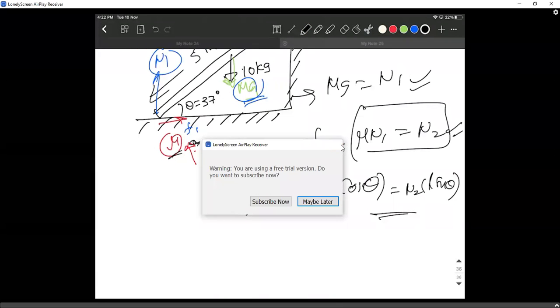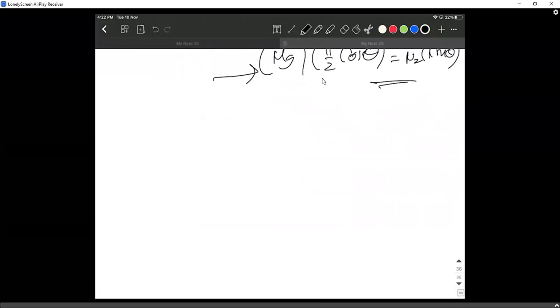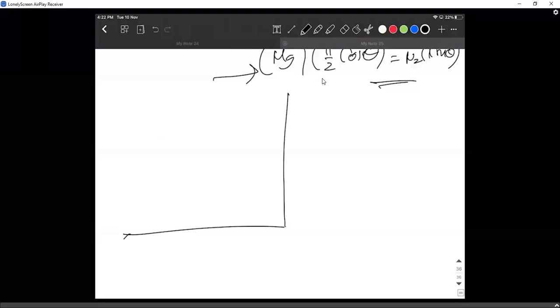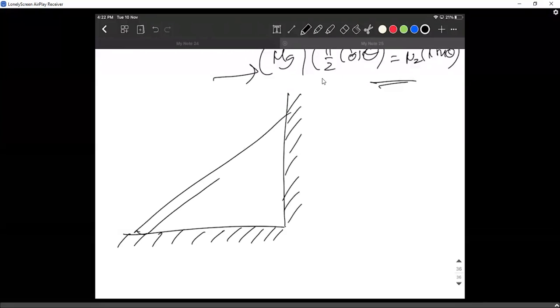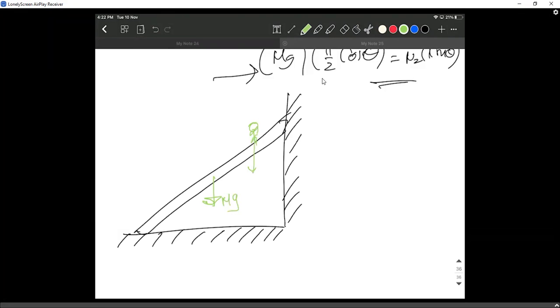Okay. Now the problems get a little more tough when the ladder already weighs something, and a man stands here for some reason. There is no difference at all in this problem. They also mention where the man is standing, at what distance.